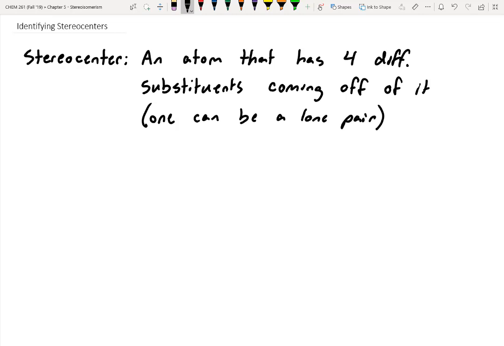Can we ever have 2 lone pair substituents off of a stereocenter? No, because all 4 need to be different, right? So you can only ever theoretically have 1 lone pair. I'm going to put an asterisk here. Nitrogen lone pairs don't count.